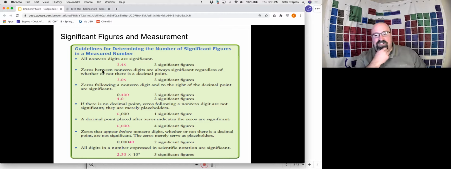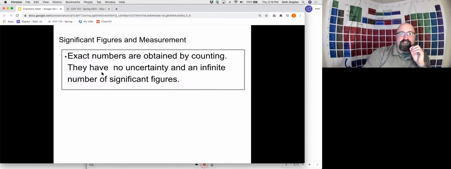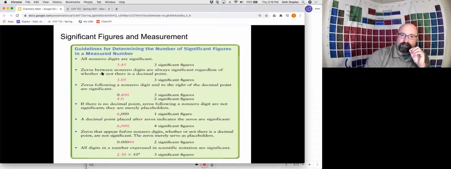Zeros are where it starts to get a little bit tricky and we have to think about some rules. With zeros, we have what we call placeholder zeros, or zeros that are actually part of the measurement itself. And so if you have a 0 that is between 2 non-zero digits, then that 0 is significant as part of the measurement.